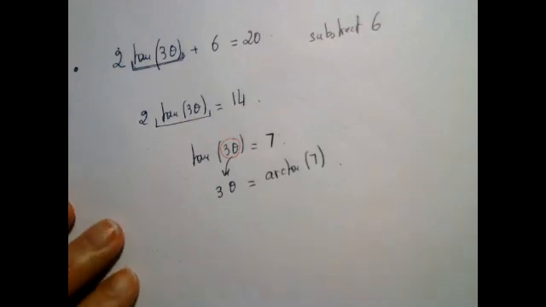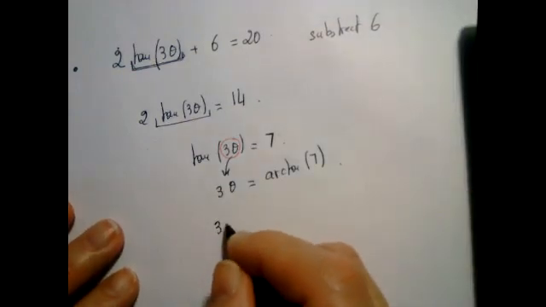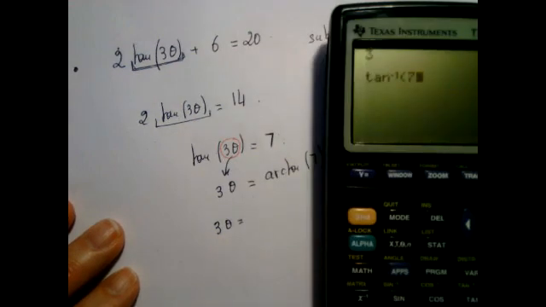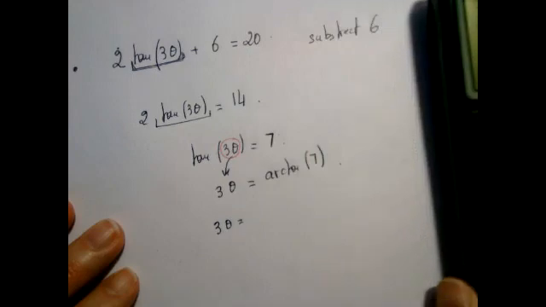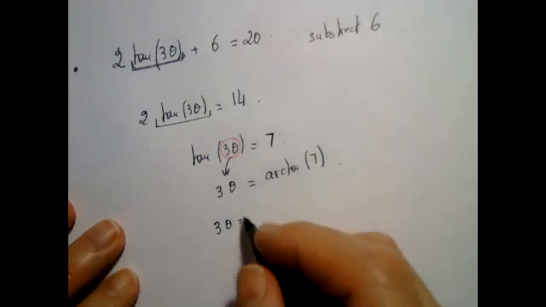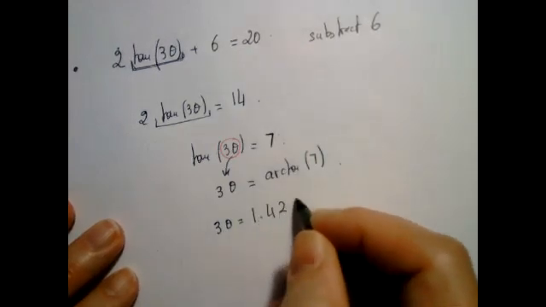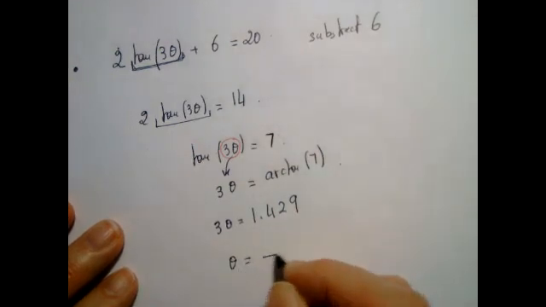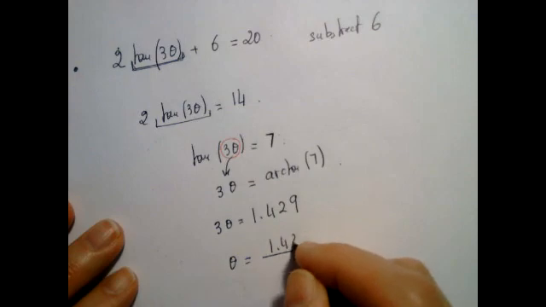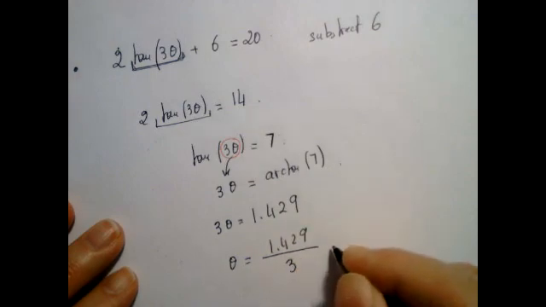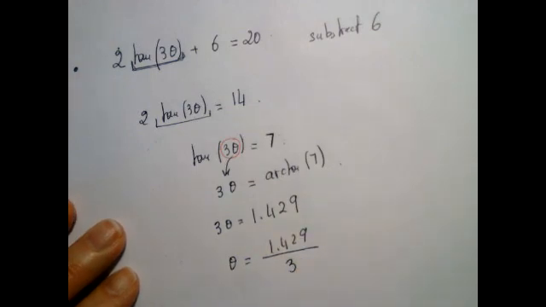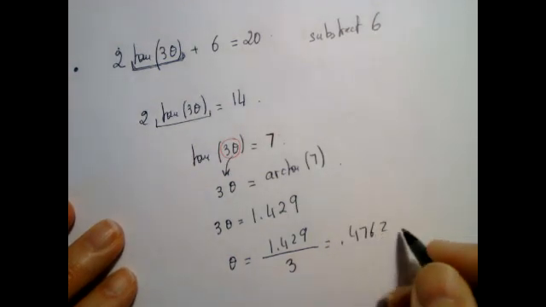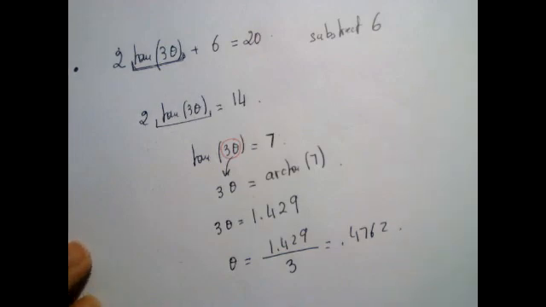Now the rest is basically, I can pick up my calculator, compute tangent inverse of 7, and I'm getting 1.429 almost. And then to get theta, isolate theta, I divide by 3 across, which is going to give me what your students are getting, 0.476.